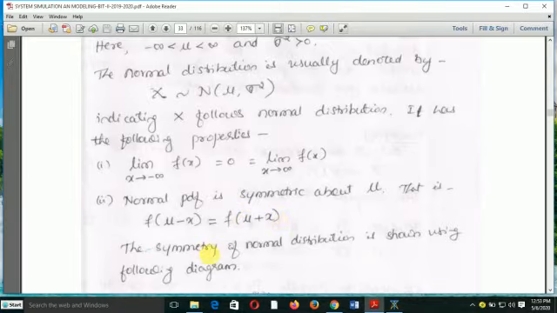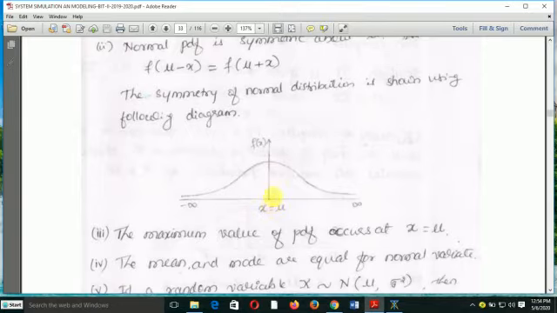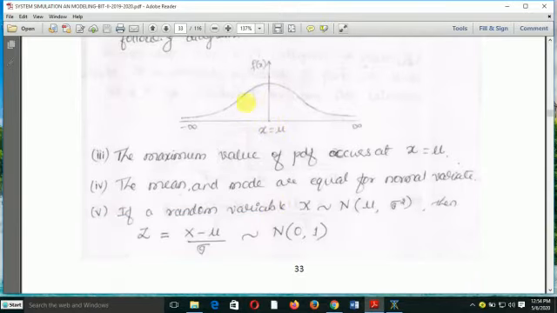This is f(x), where f(x) is equal to 0 here. This part is the negative part, and here we are in the positive part.